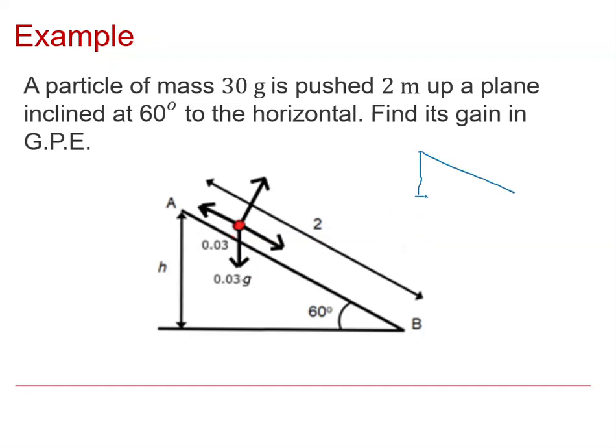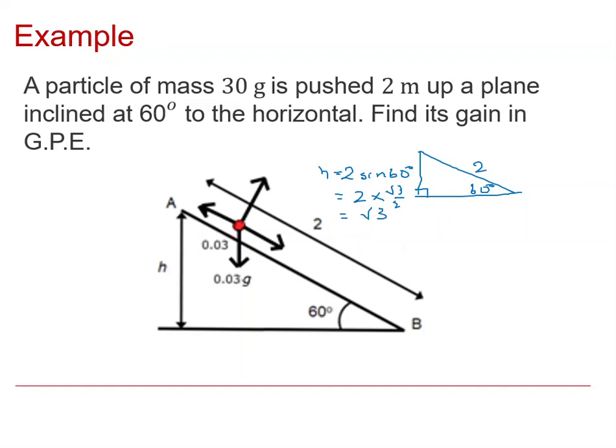The slope length is 2 meters and the angle is 60 degrees, then we're talking about a height which will be 2 times the sine of 60. So the h in the figure there is equal to 2 times the sine of 60. Now if you know your stuff, sine 60 is root 3 over 2. So that's 2 times root 3 over 2, and hence is just root 3. So the height gained is root 3.